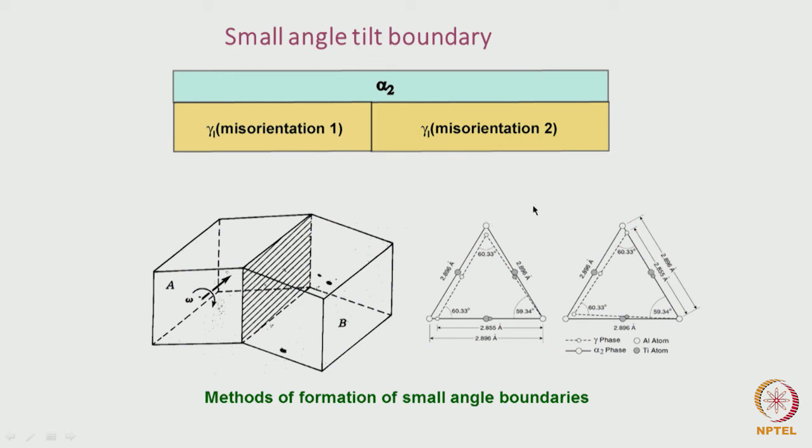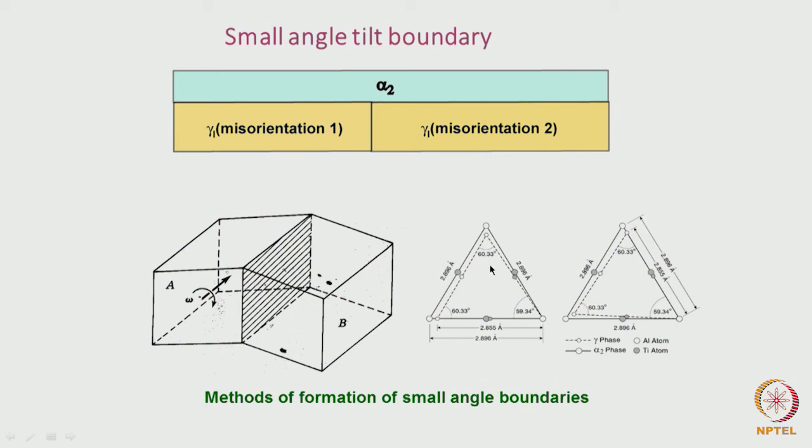The structure of the tilt boundary, we have looked at it because they are essentially made up of dislocations arranged one on top of the other. I am taking a very specific case where a transformation is taking place in a material, where it goes from hexagonal to a tetragonal system.